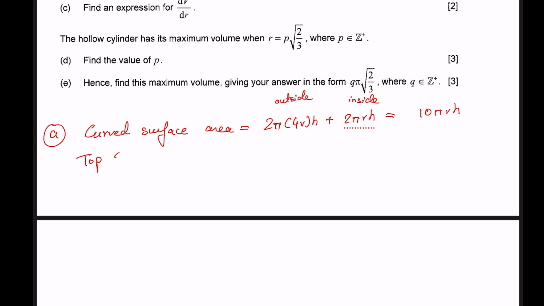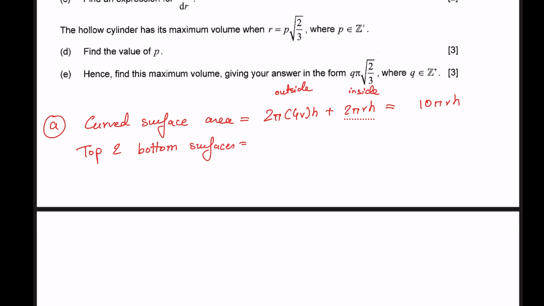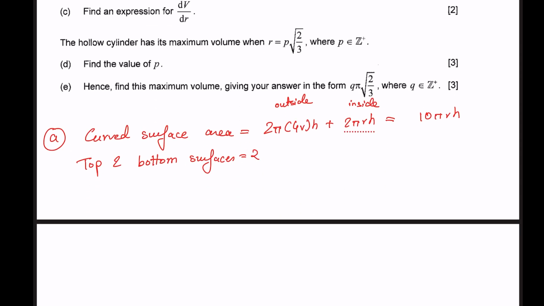And for top and bottom surfaces, for top surface, basically it's pi 4r square minus pi r square because there is a hole here, right? And the same thing is there at the bottom, so I can multiply this with 2. So 2 times pi of 4r squared minus pi of r squared.